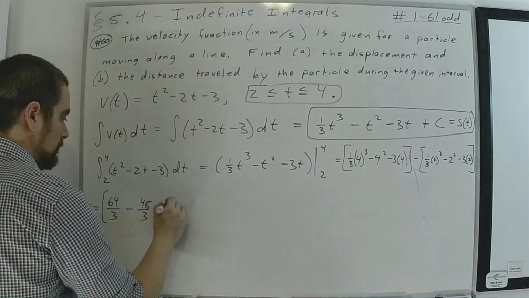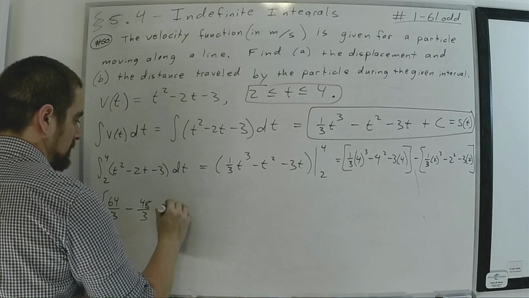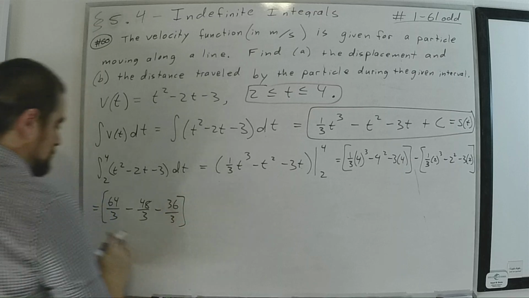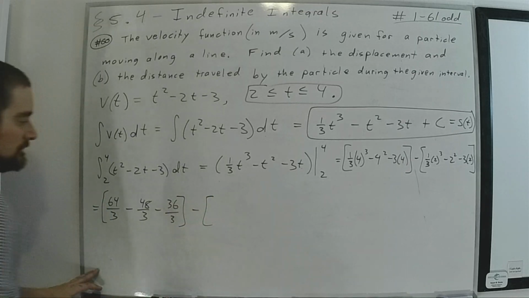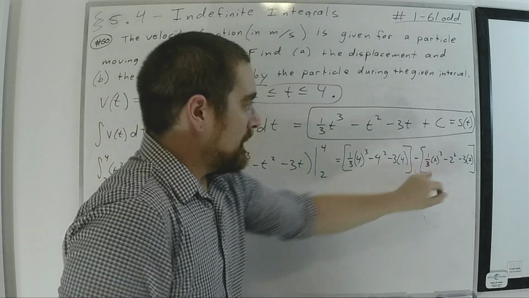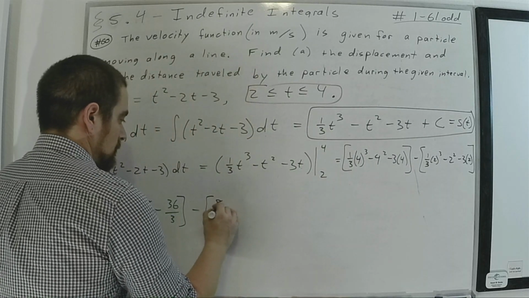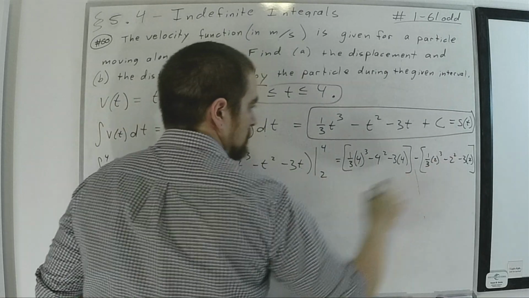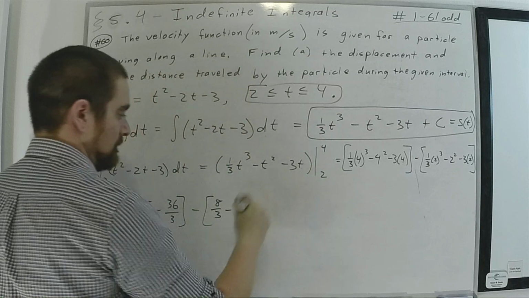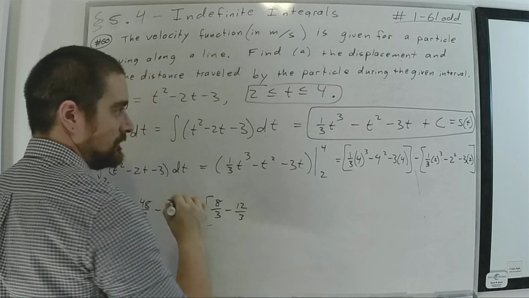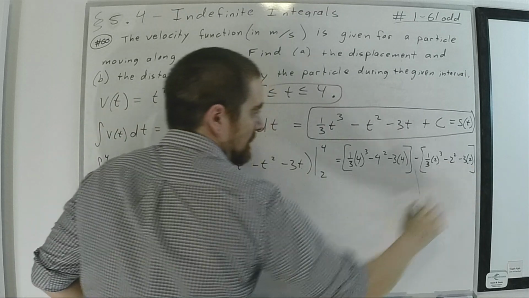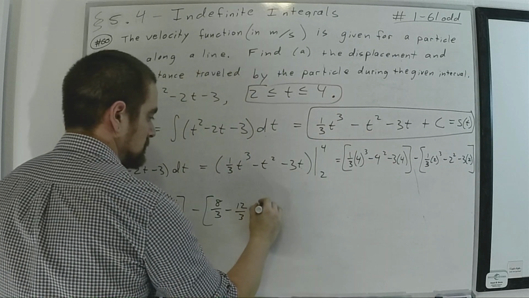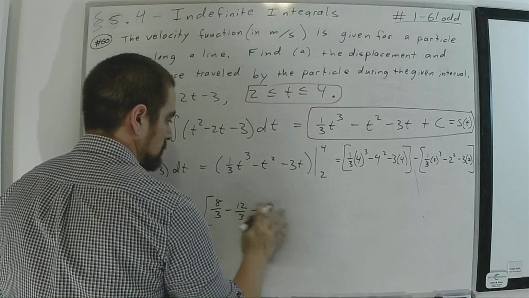Minus 12, which is 36/3. So I'll get a number for there, minus. Over here we'll have 8/3 minus 4, but I'm going to have to multiply to get 12/3, common denominator, minus 6, which will be minus 18/3.